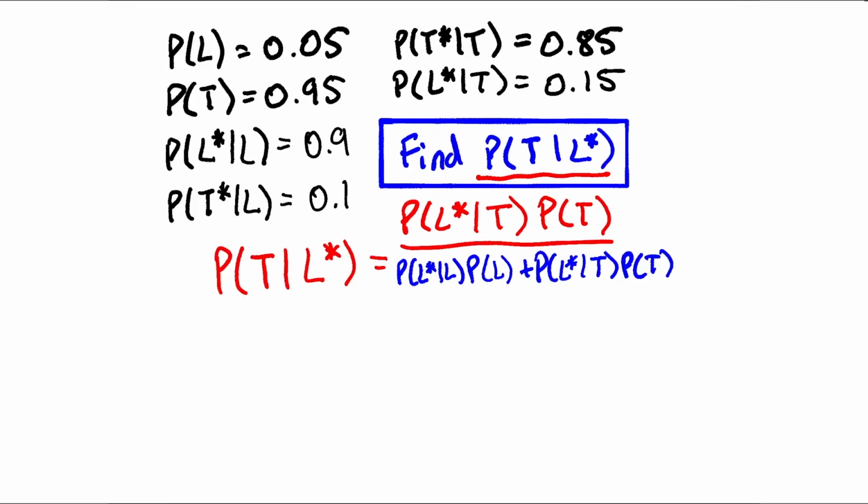So from there, we can replace our denominator with that term we found right there. And then we have all the stuff we need, and we can just plug in some numbers to find our answer.